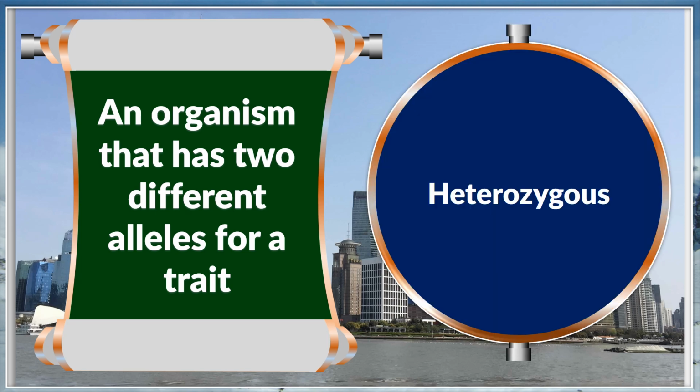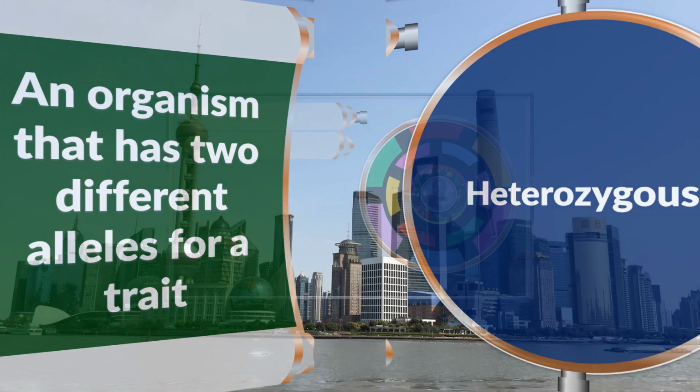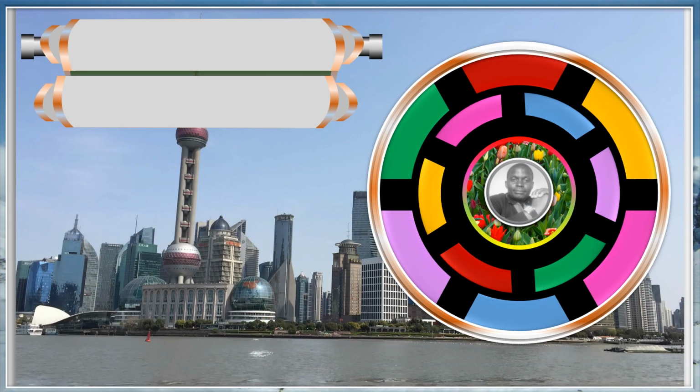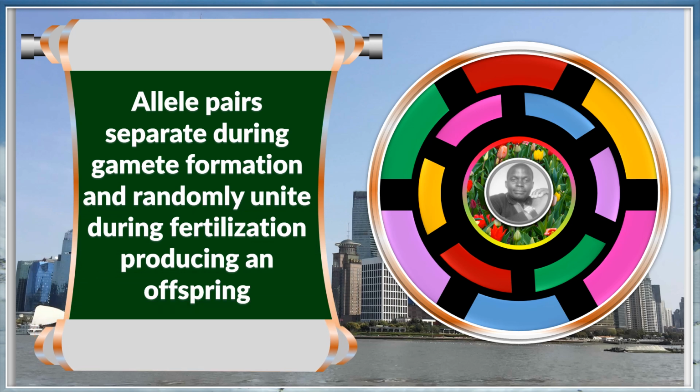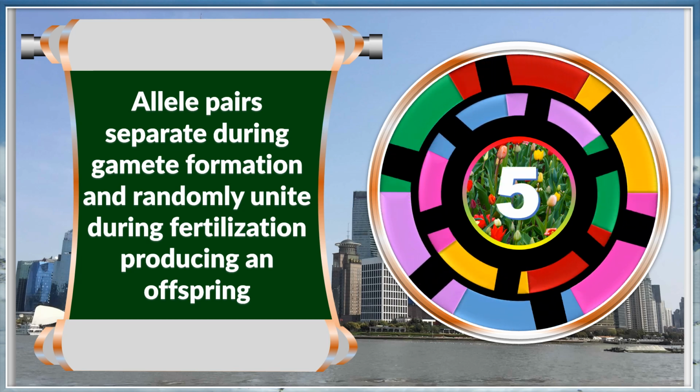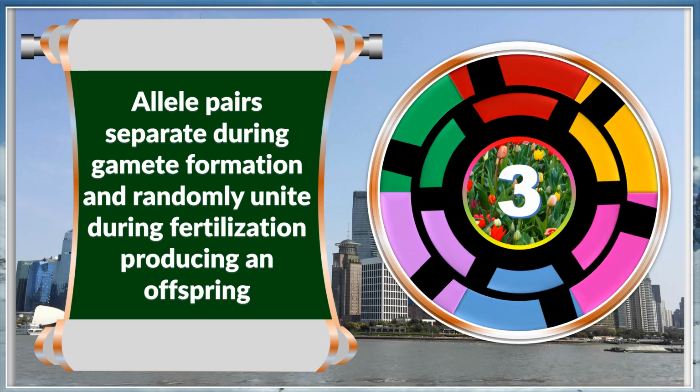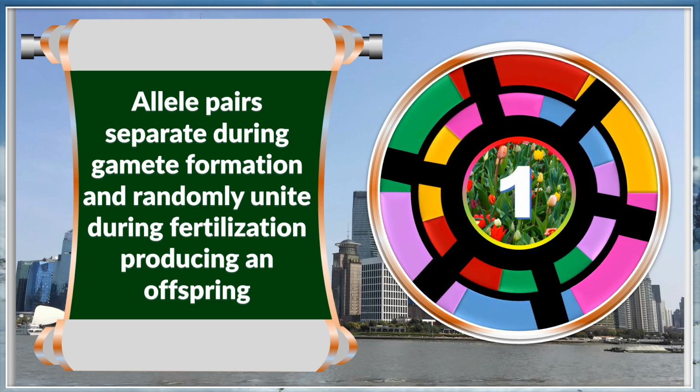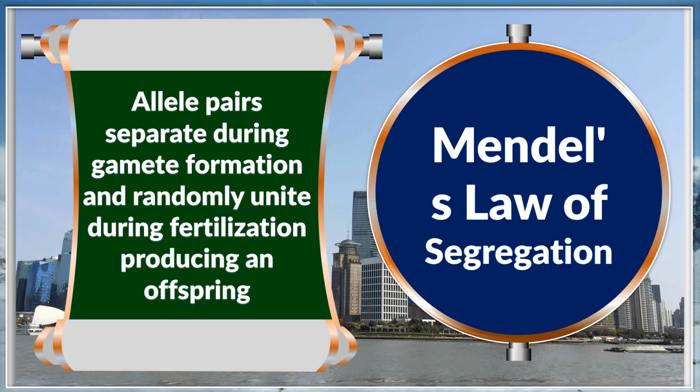Heterozygous. Allele pairs separate during gamete formation and randomly unite during fertilization, producing an offspring. Mendel's law of segregation.